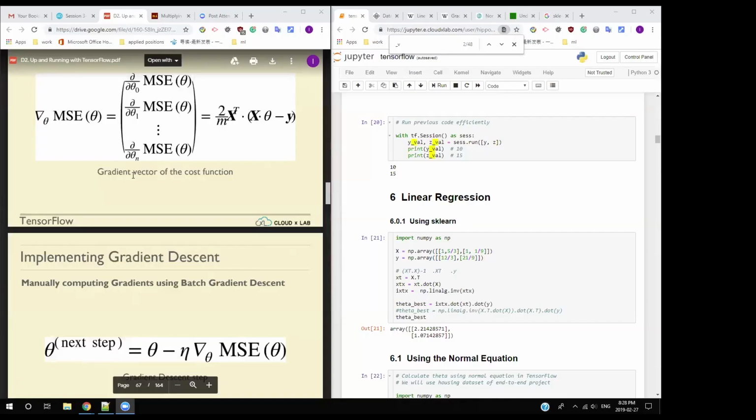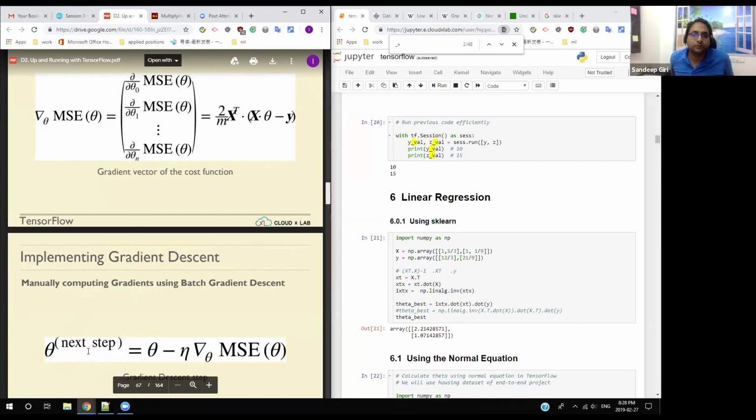The next equation is derived from the equation above. Oh, sorry, I didn't share the screen. Here you go. So the next equation here is just derived from this equation above.